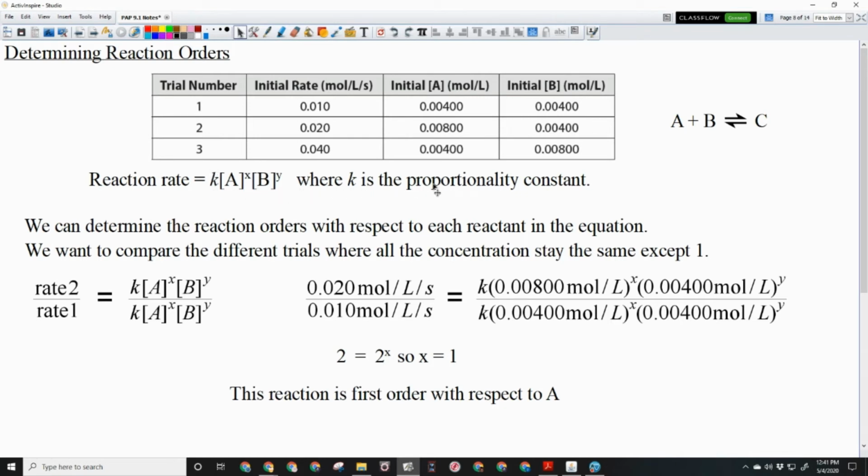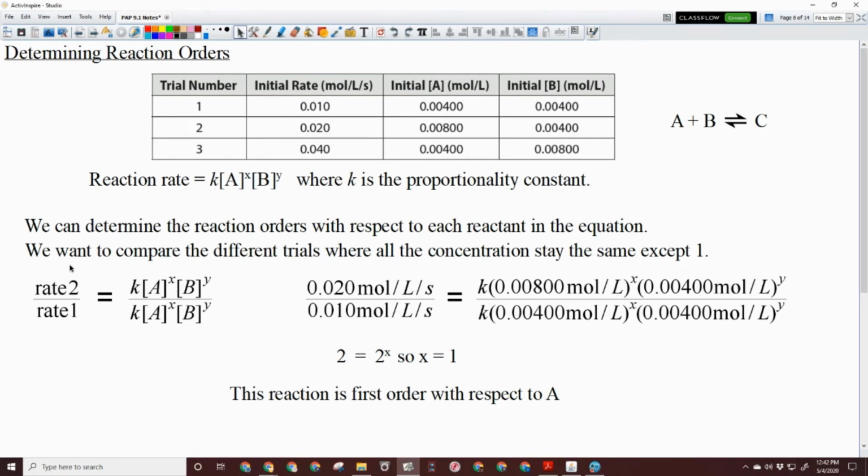Okay, so here k is the proportionality constant. We can determine the reaction orders with respect to each reactant in the equation. So with respect to A, changing A, we can find the order. And then we can find the order with respect to B, and then get the overall order for the overall reaction.